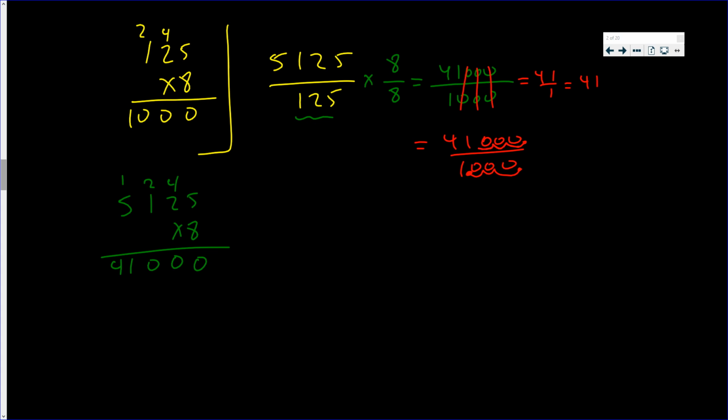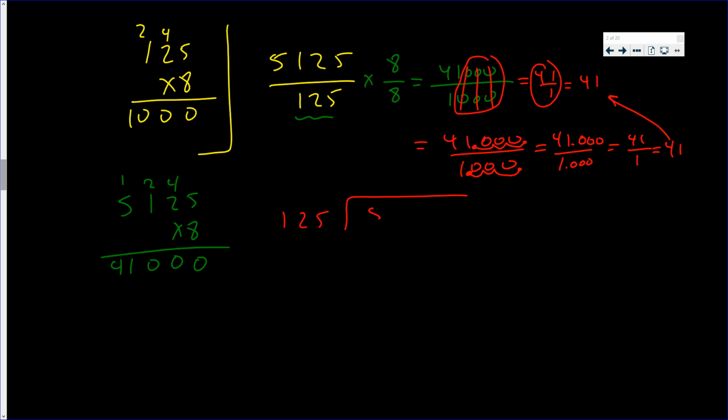So then you'll be dividing by 1. 41.000 over 1.000, well, that's 41 over 1, which is 41. It was much easier to multiply by 8, especially since the zeros just canceled out and you're left with 41 over 1.